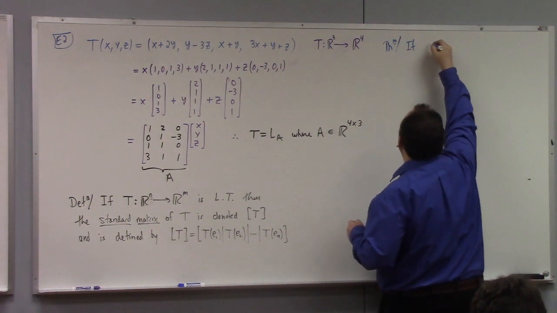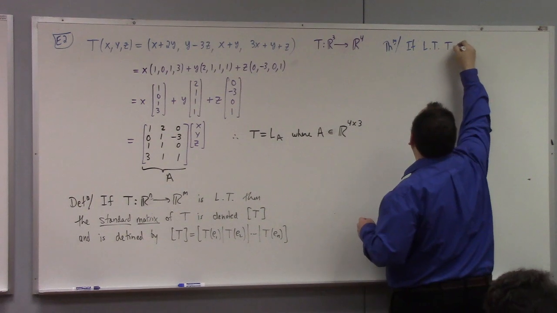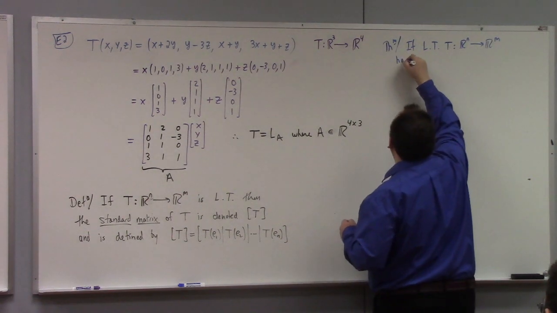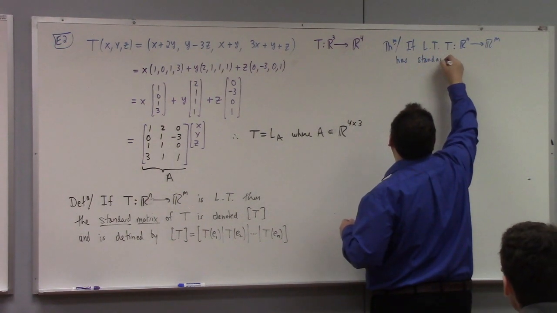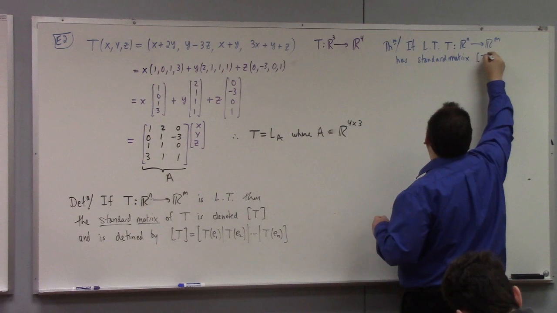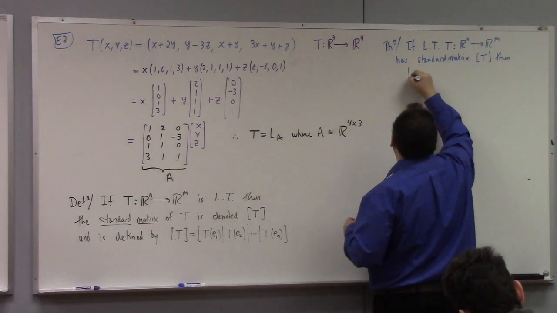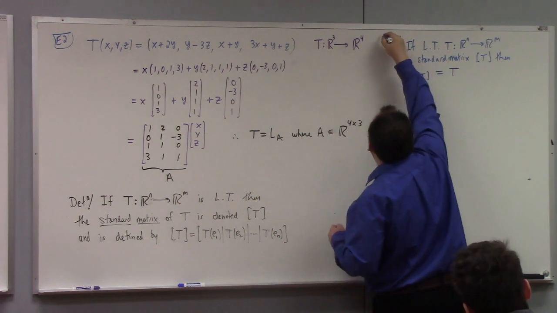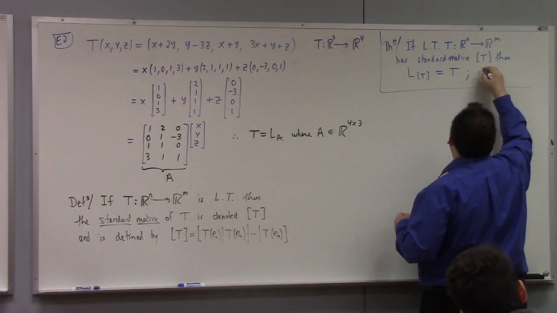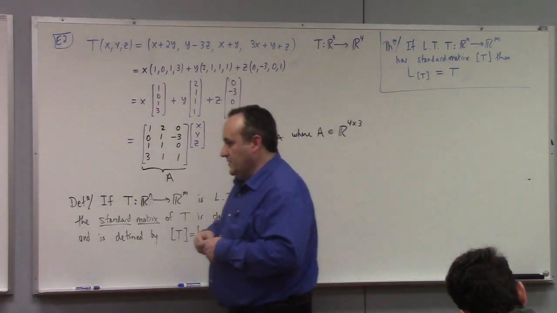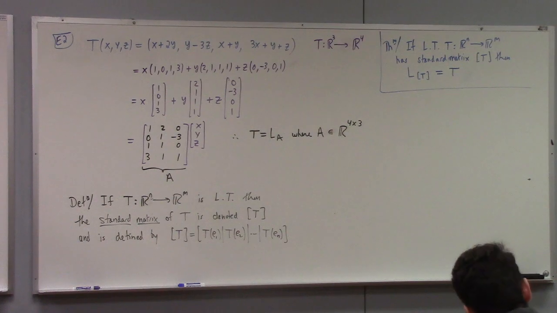If a linear transformation T from R^n to R^m has standard matrix bracket T, then L sub bracket T is just equal to T. That's the theorem: the formula for the map is given by multiplication by the standard matrix.